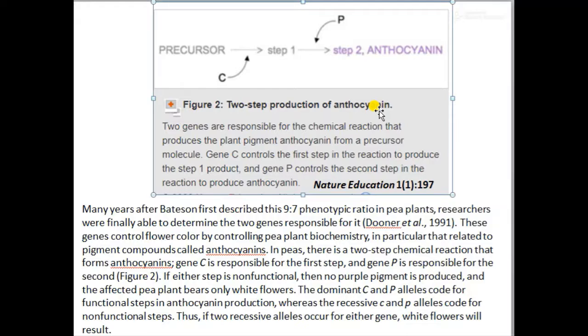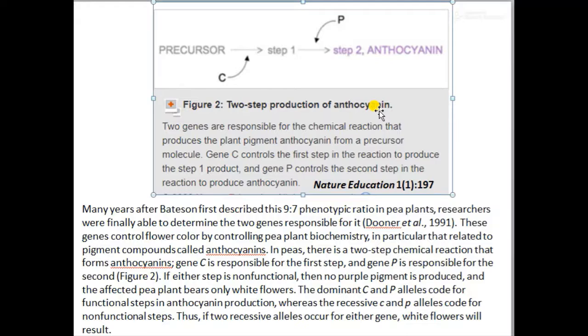To completely get anthocyanin, you need the action of both of them together. If either capital letter C or capital letter P is not there, anthocyanin production is not possible.